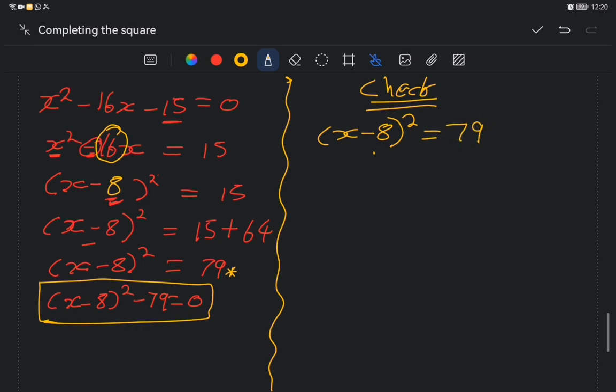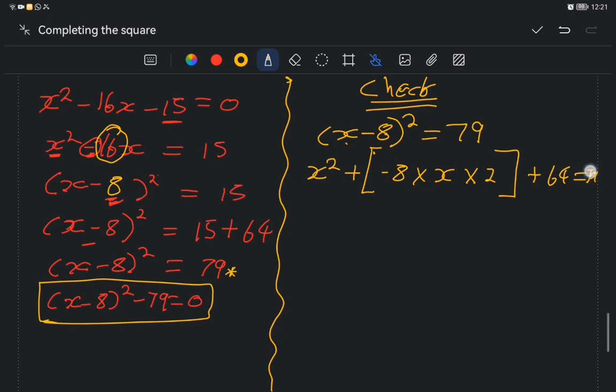Let's expand these brackets. x squared plus negative 8 multiplied by the x, multiplied by the 2 on top, plus negative 8 squared, which is 64, is equivalent to 79.